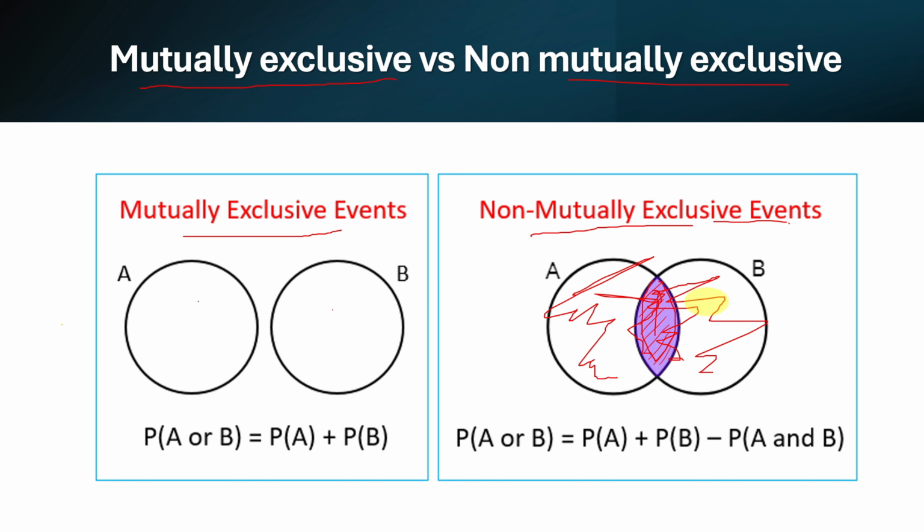If you need to remove this area, how would you do that? You just want to know the A area and B area without this area, because that's the doubling up. In that case, the formula is probability of A or B equals probability of A plus probability of B minus probability of A and B.